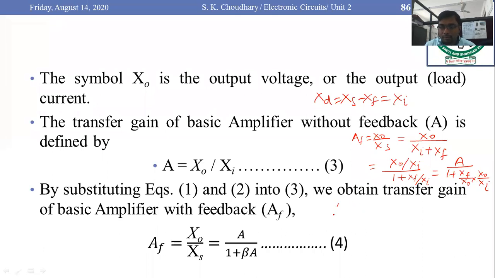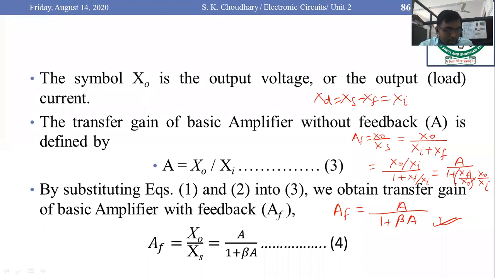So AF becomes A upon 1 plus Xf upon X naught, which is beta, defined from equation 2, into X naught upon Xi, defined by equation 3. So AF is equal to A upon 1 plus beta A. Instead of that complex procedure, this is a simple one. I hope all of you have understood this.